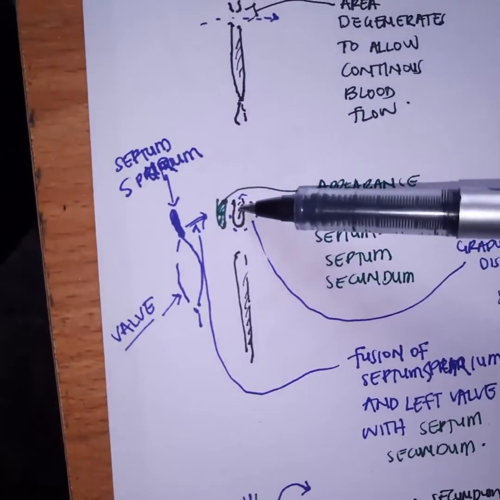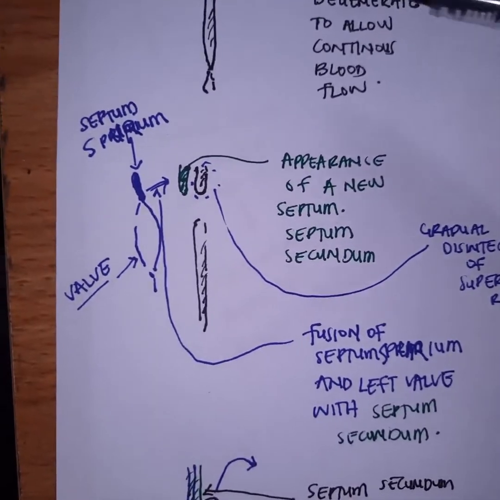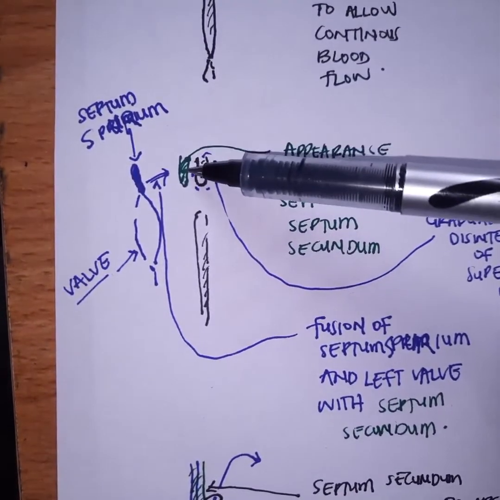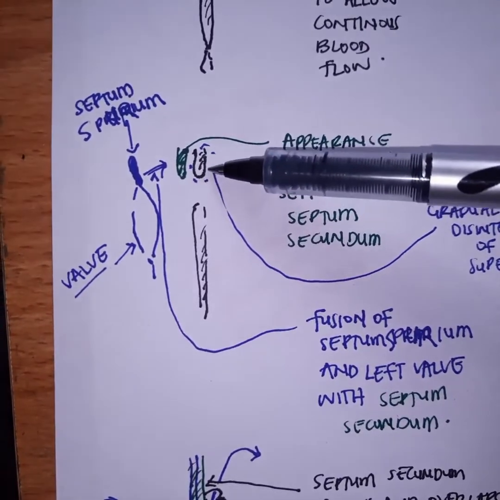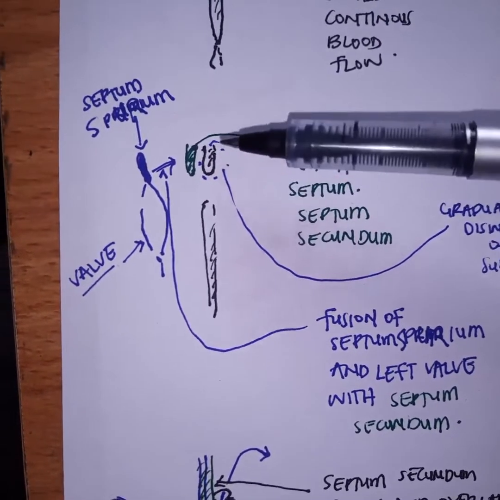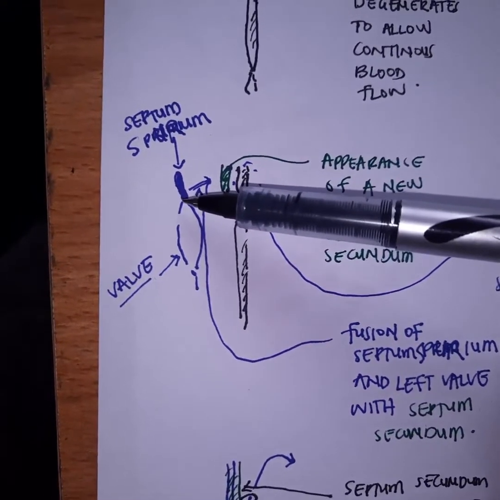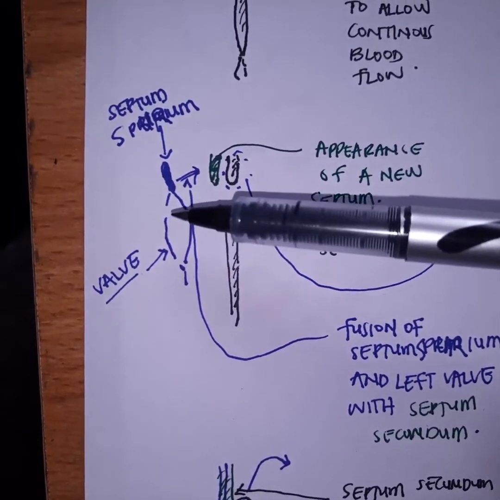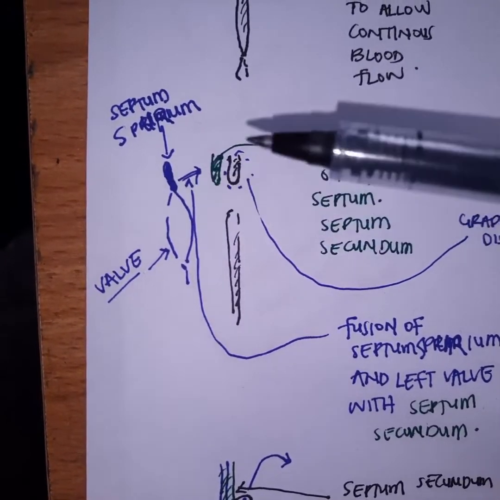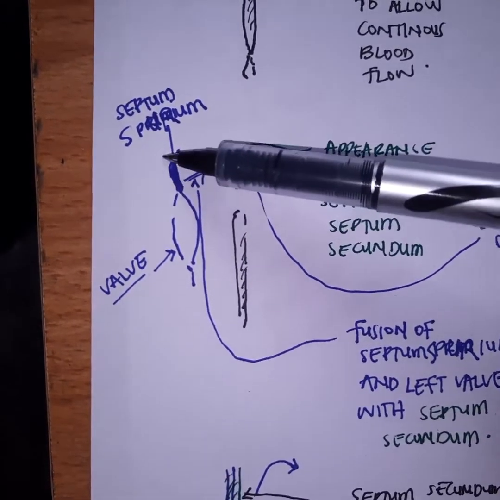Now, just by the side of this remnant here, there's going to be the appearance of a second septum which forms down, called the septum secundum. This remnant here is eventually going to disintegrate. Now, just by the side of this septum secundum, remember from our previous lectures where the sinus venosus joined with the right atrium, it is going to form 2 valves, and at the top of the valve we're going to have the septum spurium.